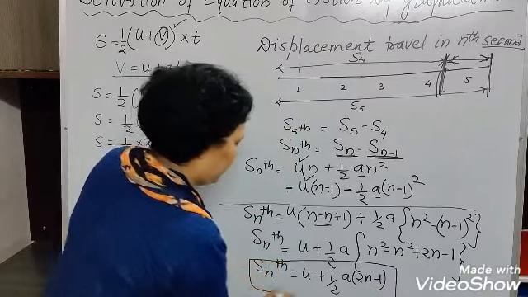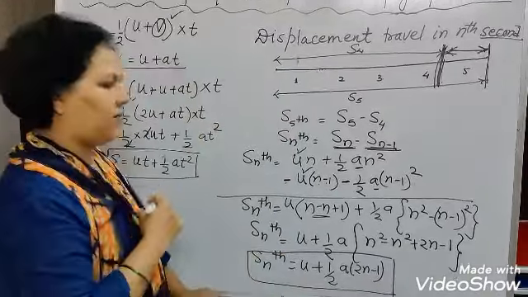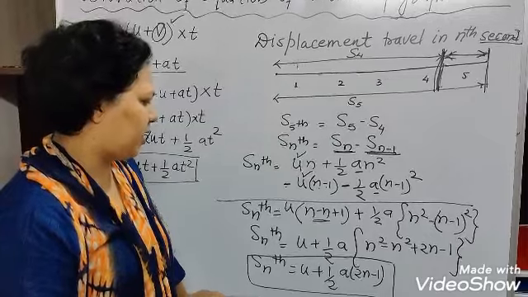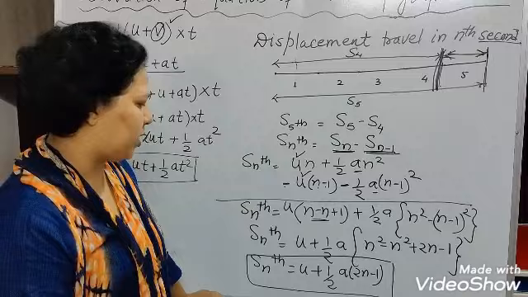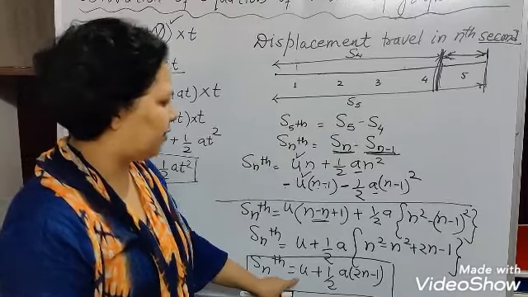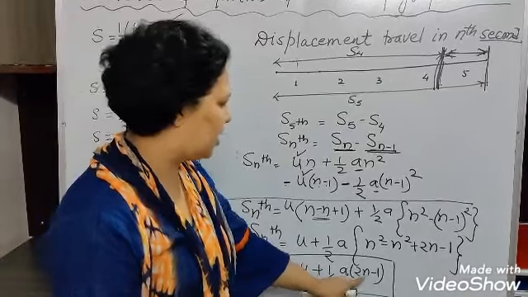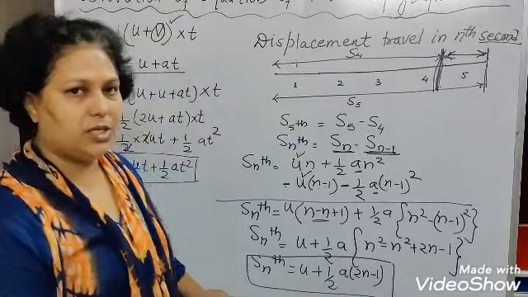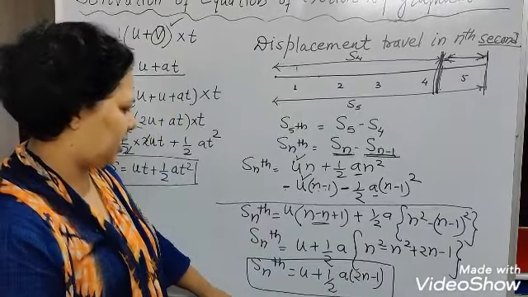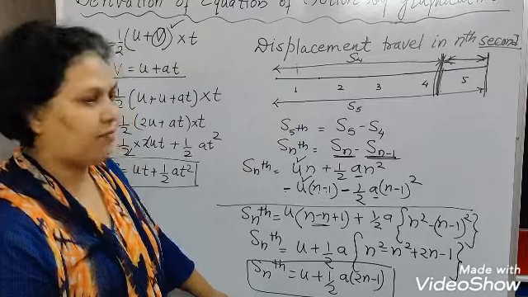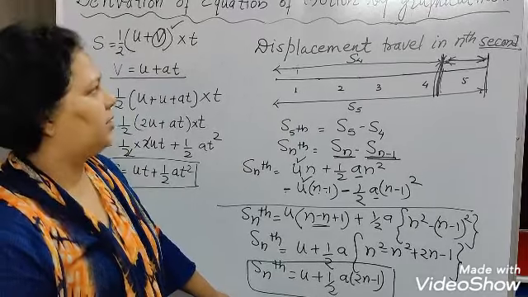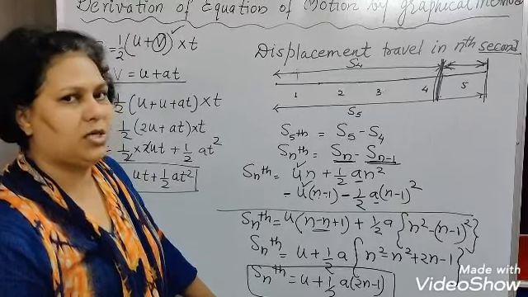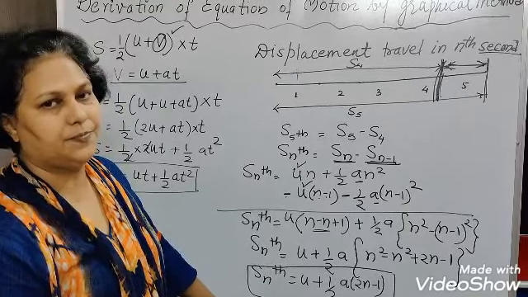The distance traveled in the nth second can be given by u plus half a into 2n minus 1, where u is the initial velocity, a is the acceleration, and n is the time which we are taking, the nth second. So this is the formula here. Okay. So this way we have derived the equations graphically.